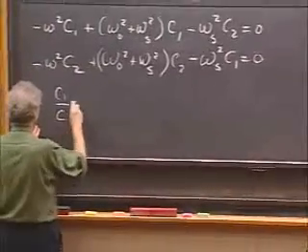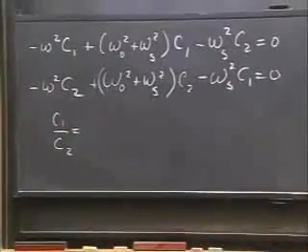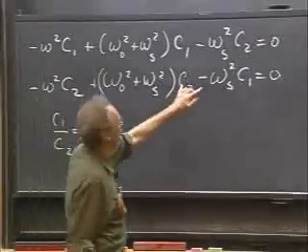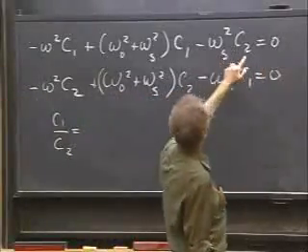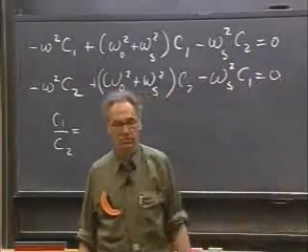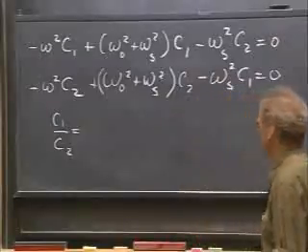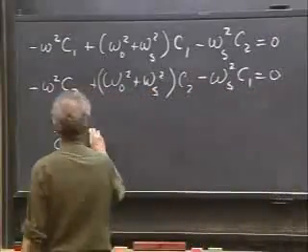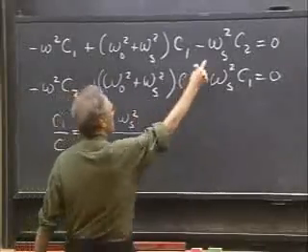c1 divided by c2. I go to the first equation. And this is not so hard, what I'm doing. I put this on the right side in my mind. So I get a plus omega s squared times c2. And then I divide c1 by c2. And so what I get then is the following. I get omega s squared upstairs, which is this one.